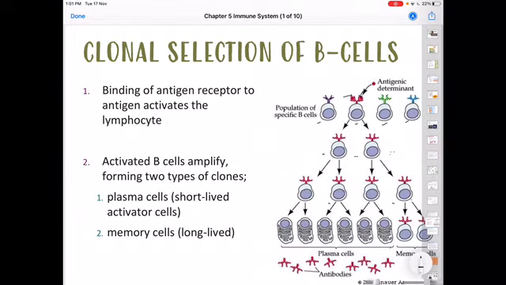The plasma cells are short-lived effector cells. Once they kill the antigen, dia akan hapus. But the memory cells are long-lived. They are still in our blood circulation sampai bila-bila, ataupun sampai sel tu mati, and then dia akan generate the same cell to keep that memory.